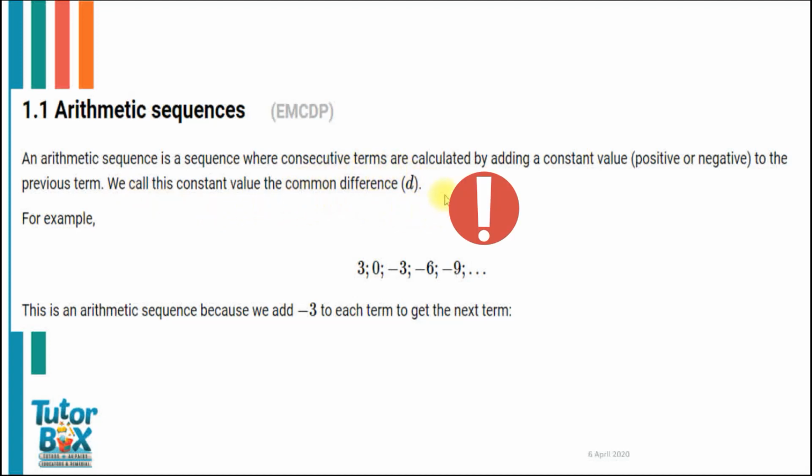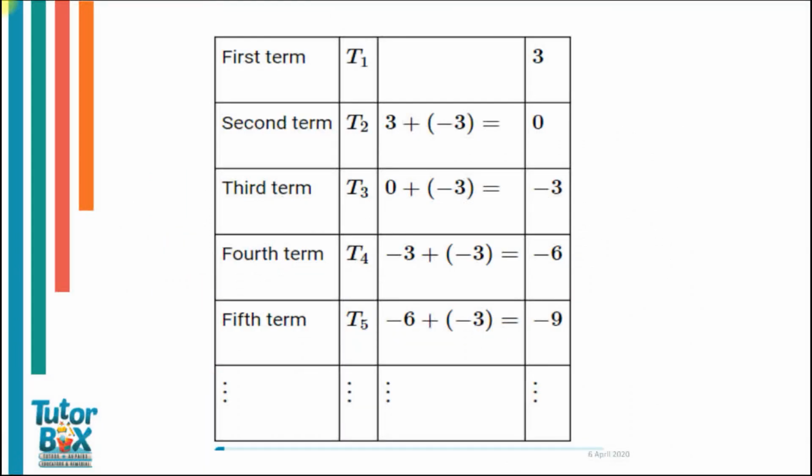This is NB, common difference, and it's denoted by a small d. So let's look at this example quickly. We have 3, which is our first term, then 0, minus 3, minus 6, minus 9, and so on. So this is an arithmetic sequence because we add minus 3 to each term to get the next term.